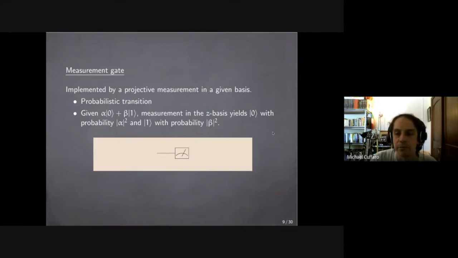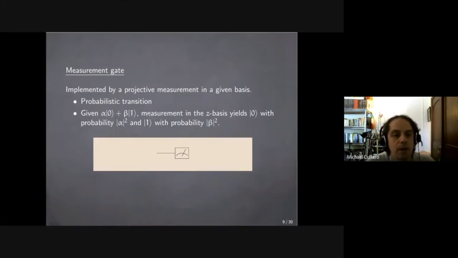So in an abstract sense, you can think of it that way. Measurement gates don't necessarily have to come at the end, but they usually do. But we can use them in the middle of a computation, and in those cases, they'll effect probabilistic transitions.